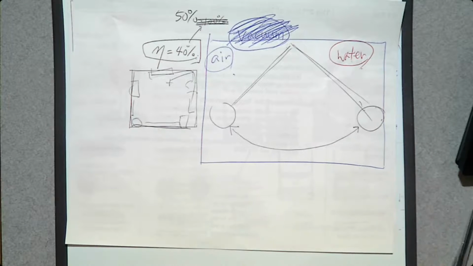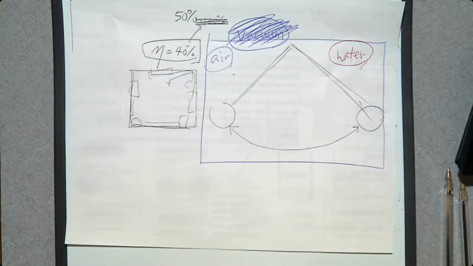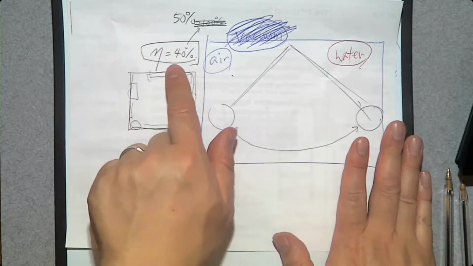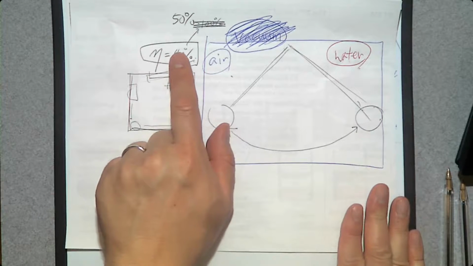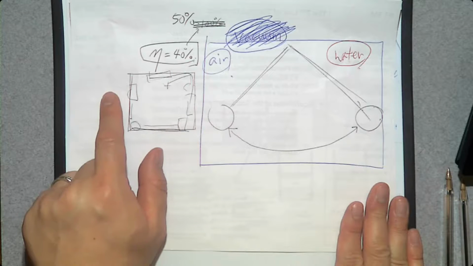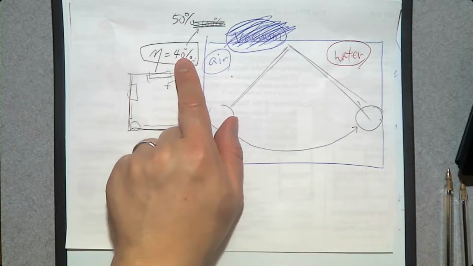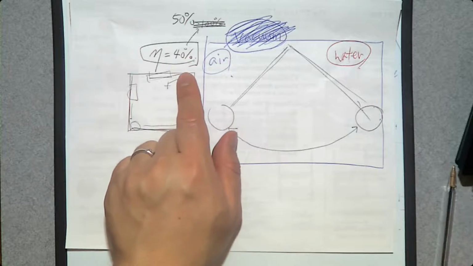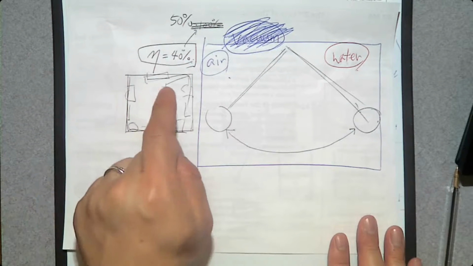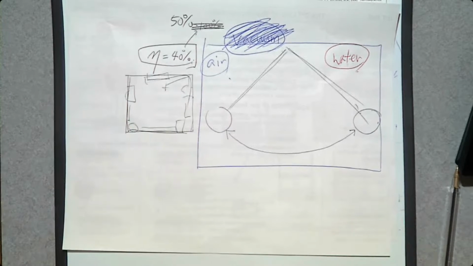So it depends on the irreversibility of each process. One process can be close to the ideal process. The other process may be far away from the ideal process. So some power plants can operate at 40%. Some power plants can operate only at 30% or 20%, depending on irreversibility in the power plant.